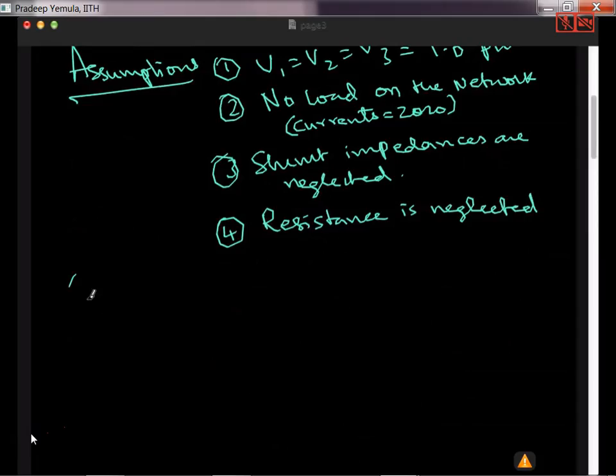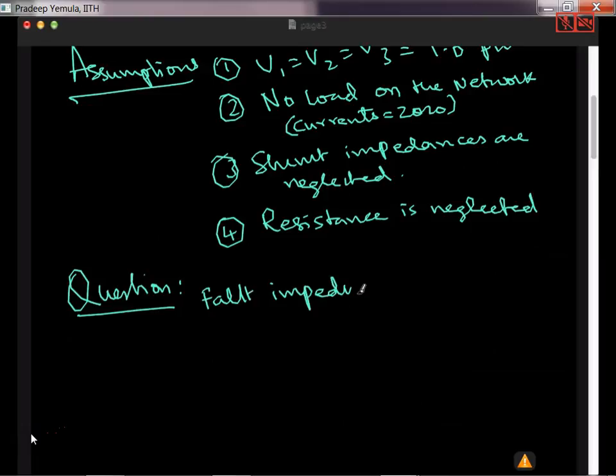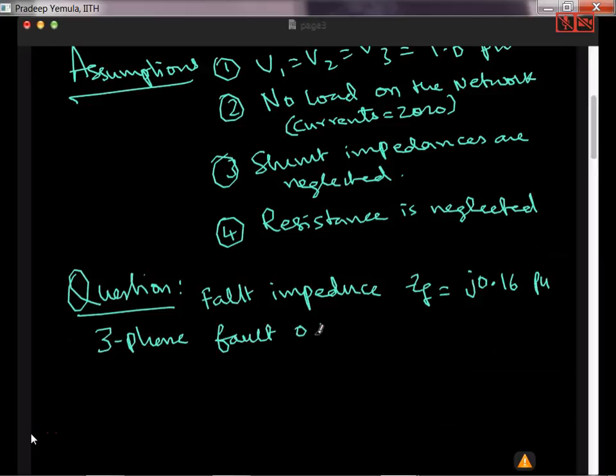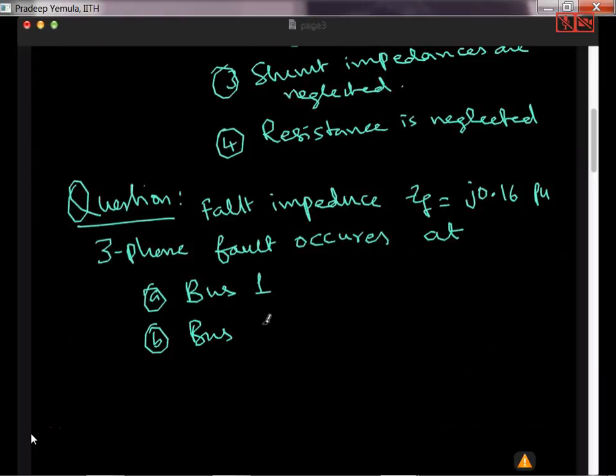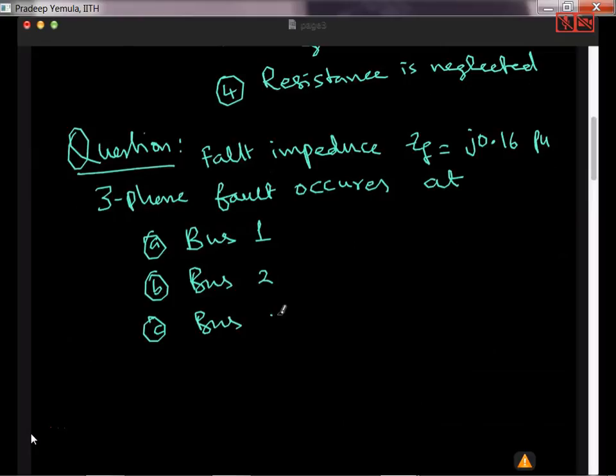Now what is the question? The fault impedance ZF is J0.16 per unit, and a three-phase fault occurs at bus 1 in case A, bus 2 in case B, and bus 3 in case C. So these are three different scenarios.